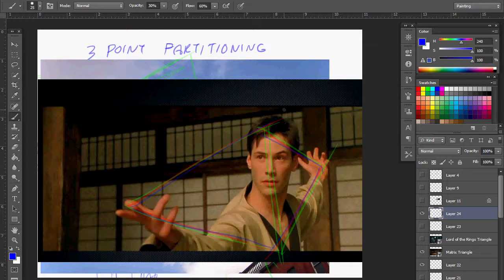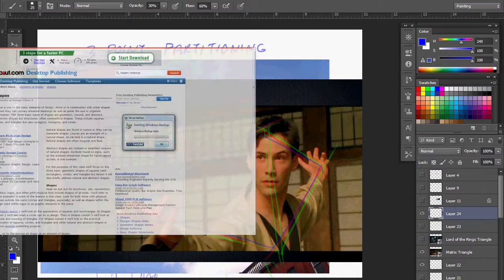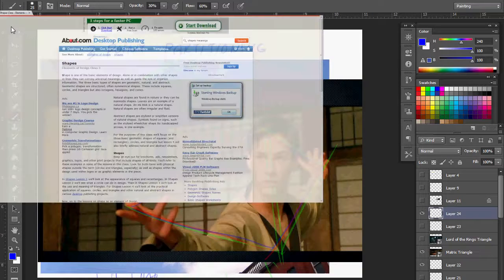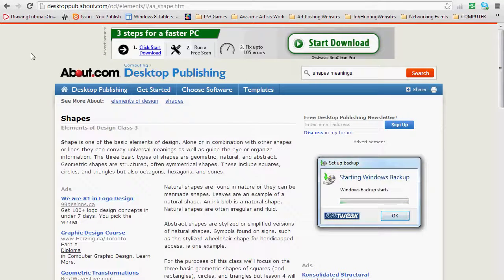But if you go onto a website, about.com, you should be able to find something that talks about what different shapes express. Yeah, I found the site here. Oh no, what's happening? My about page is broken. Okay, here we go.